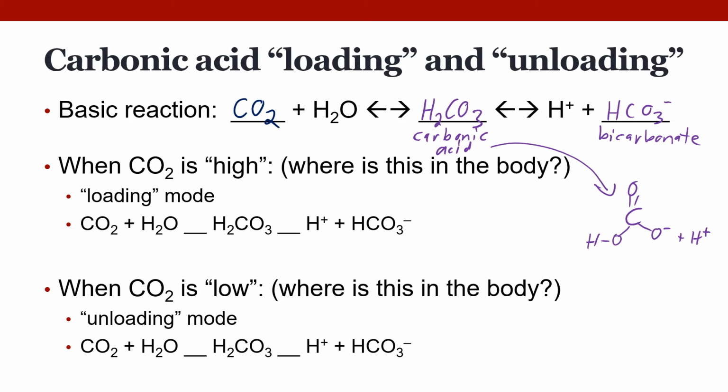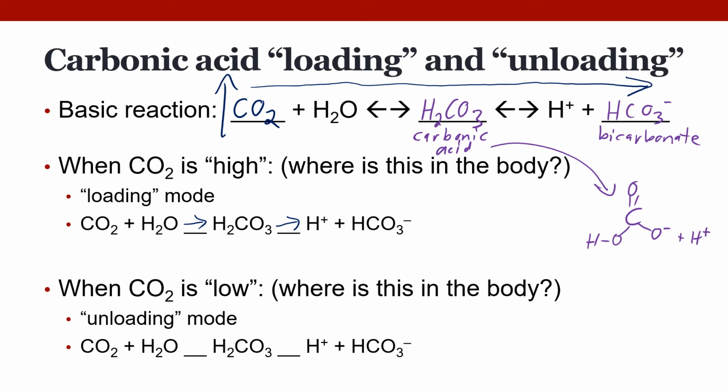So when CO2 is high, when we have a high level of CO2, that pushes all of these reactions to the right. So we get more carbonic acid and more H plus bicarbonate in our buffer system.